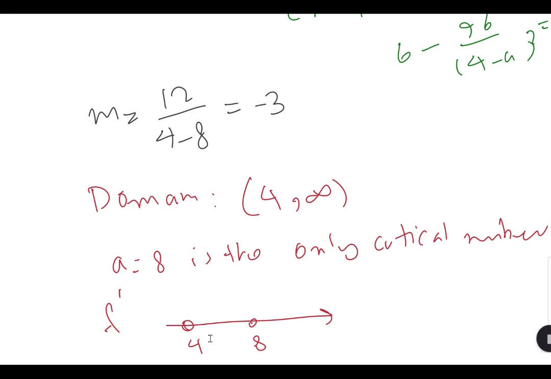Not before that, but over here. And what I know is that the area increases on both sides. As a goes to positive infinity, area goes toward positive infinity, and as a goes to 4, area goes to positive infinity.